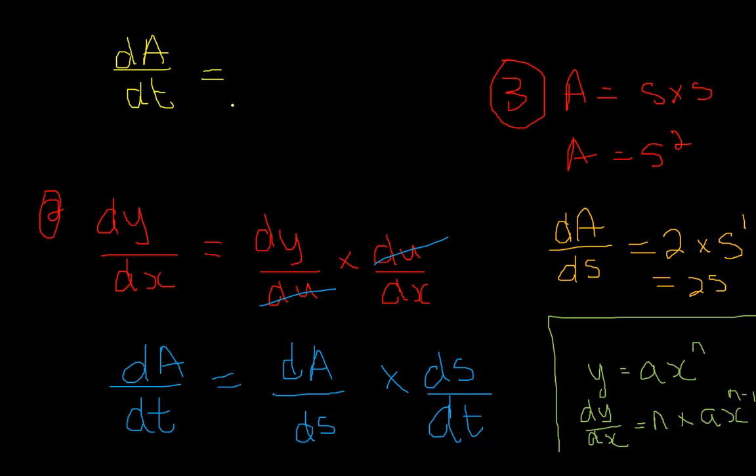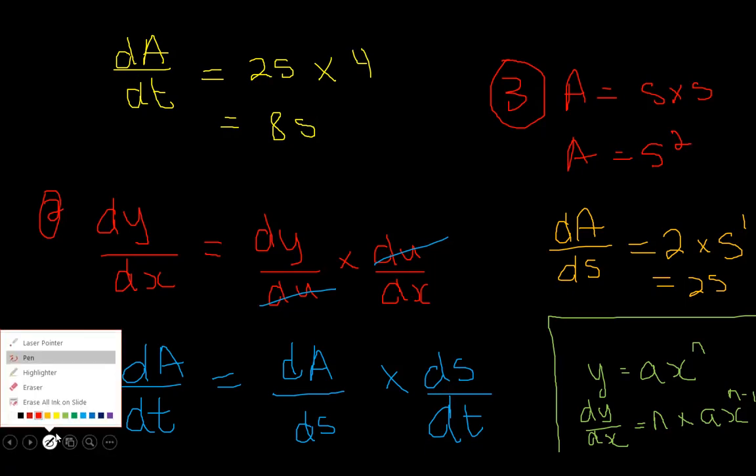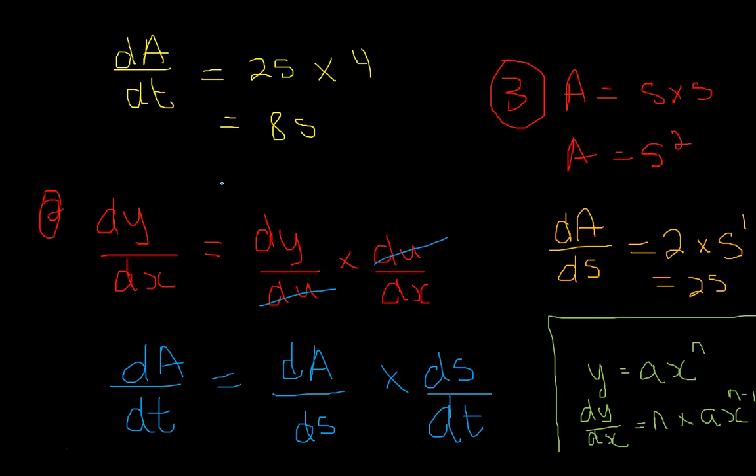So there are two ways to do this. You could go ahead and say, okay, dA on ds is 2s, and then ds on dt is 4. And you simplify this and you say it's 8s, right? But they told you they want the rate of increase of the length when the length of the side of the square is 5. So what does that mean? They want the value for dA on dt when the value of s is 5.